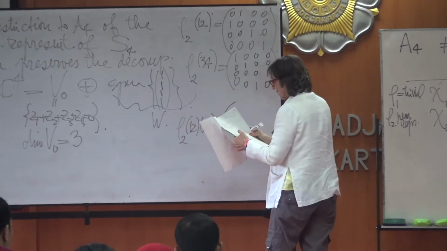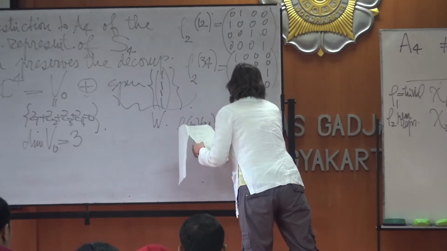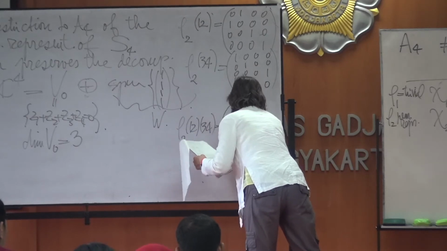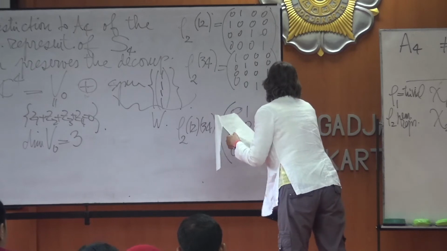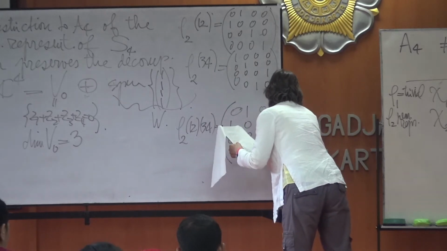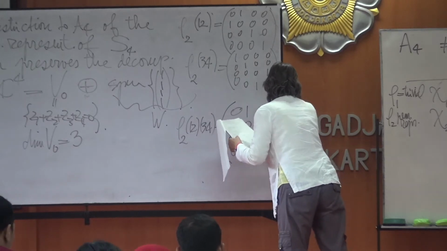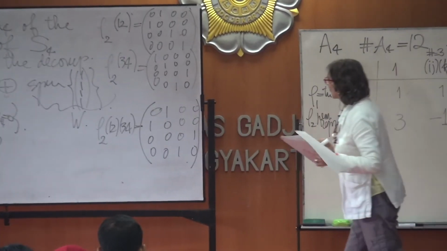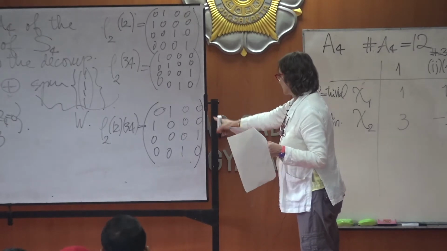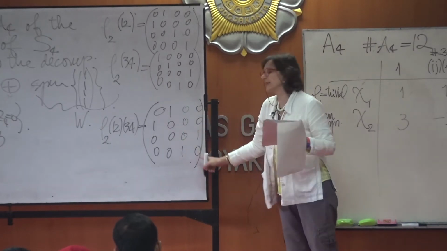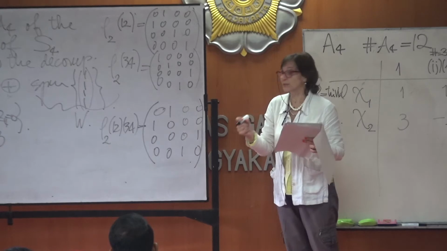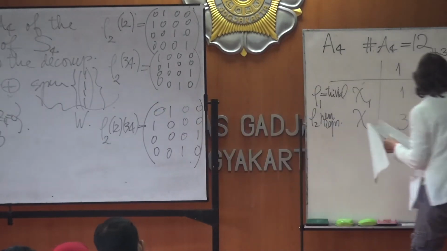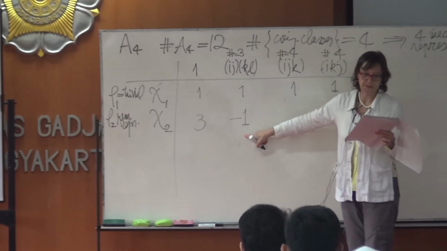The matrix that we get is 0 1 1 0, 0 0 0 0... The trace of this matrix is 0, but we have to subtract 1. So we get minus 1. Here it is minus 1, you see.